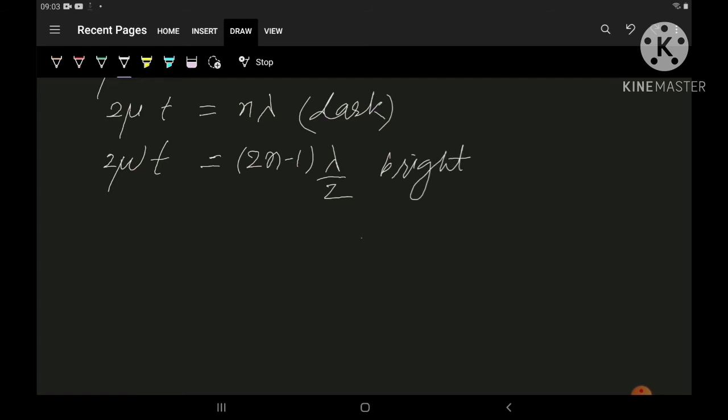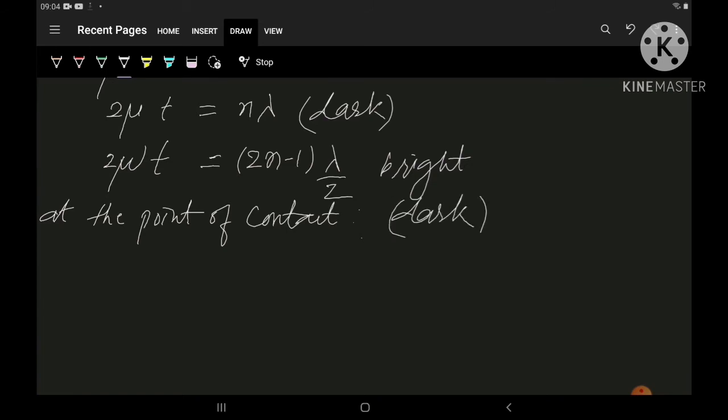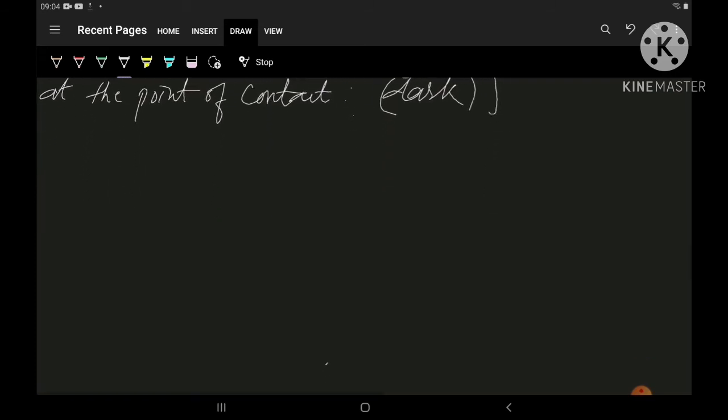And at the center or point of contact, always it is dark. So by using these conclusions, let us try to find the shape of fringes. So suppose this is the plain glass plate.